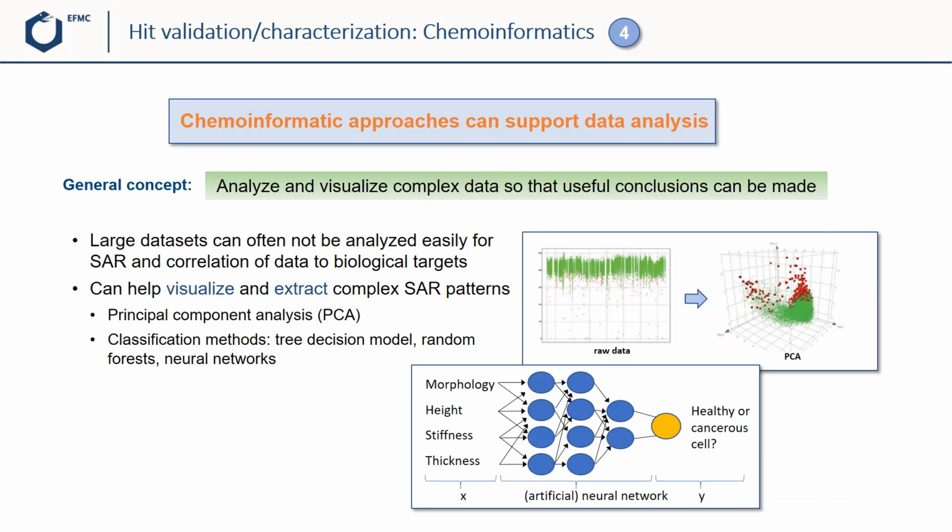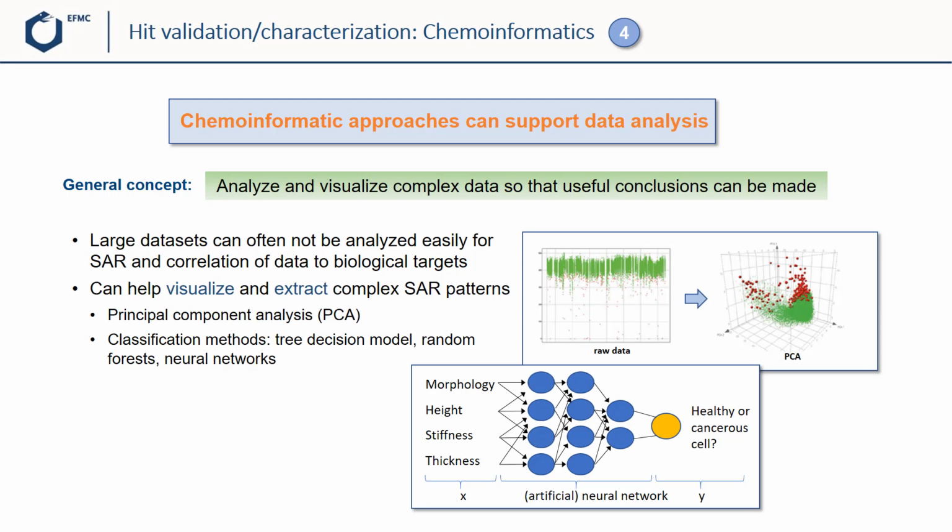We are going to mention chemoinformatic approaches briefly here. Although this is a highly relevant and growing area in the context of hit validation of phenotypic screening hits, we can only refer to some very basics out there for the sake of time and complexity. The bottom line is that chemoinformatics can and has to support data analysis.